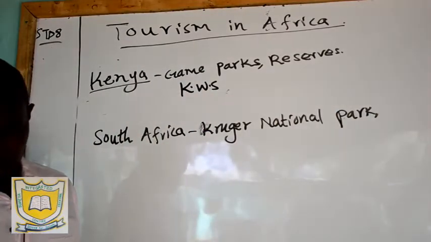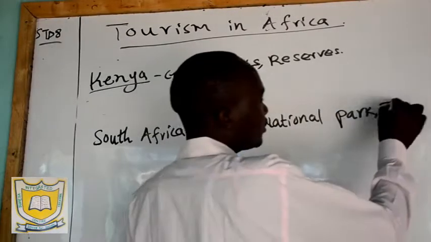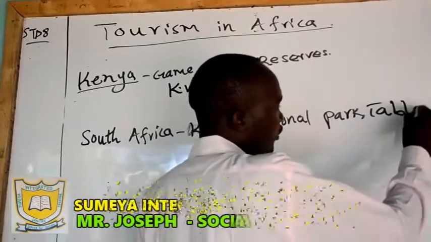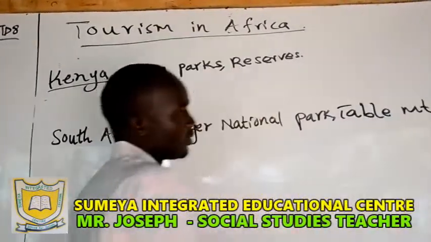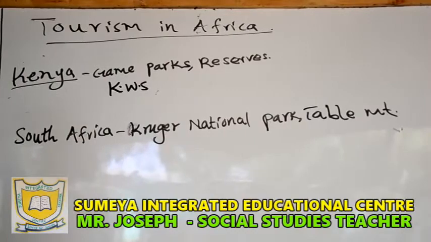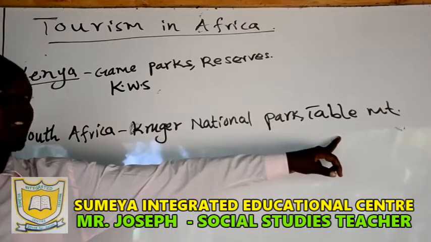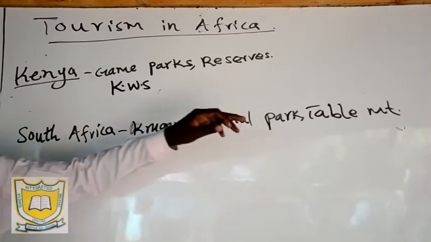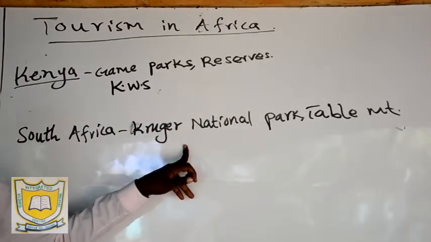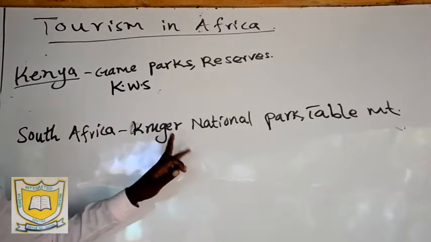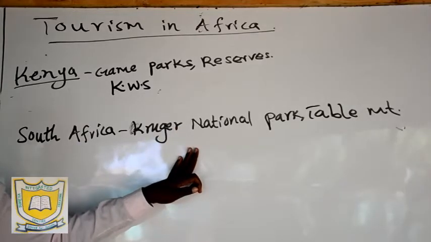And then we have Table Mountain. So we have Table Mountain just at Johannesburg. You'll find it just across the town. And then we have Kruger National Park, one of the largest parks in Africa. You'll find a lot of wildlife in this park.